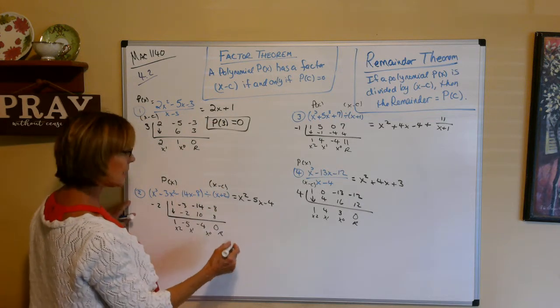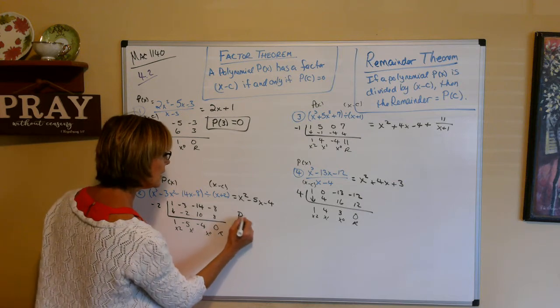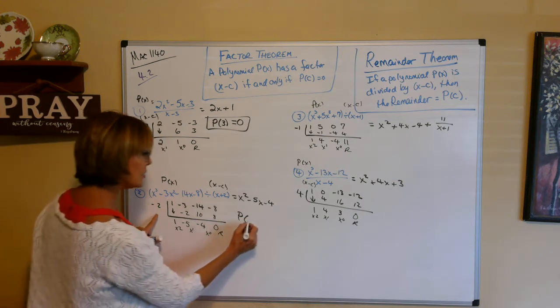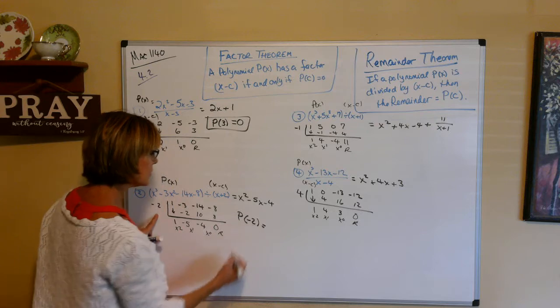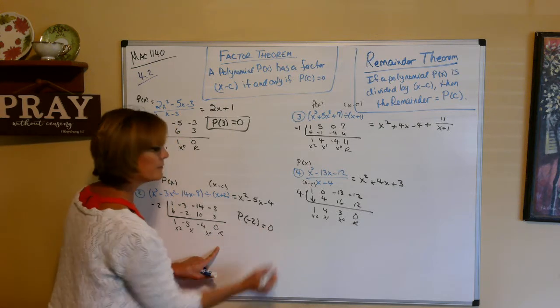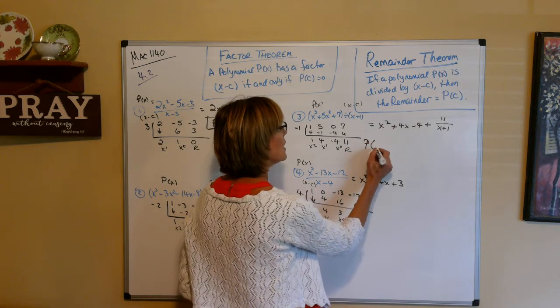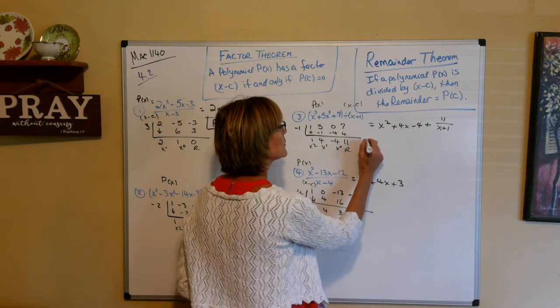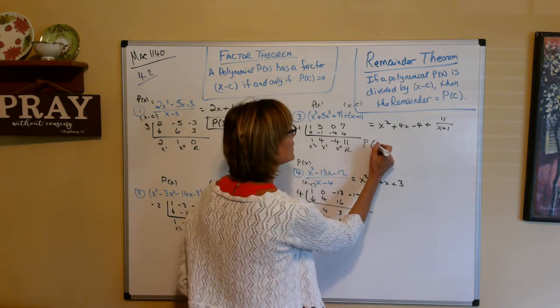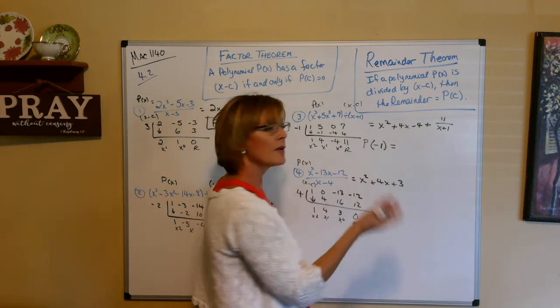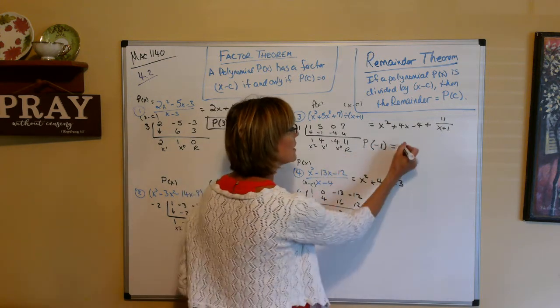Right here, let's apply the remainder theorem. P of negative 2 equals the remainder, which is 0. Number 3, what was our value of c? Negative 1. P of negative 1 is equal to what we got for the remainder. In this case, it was 11.